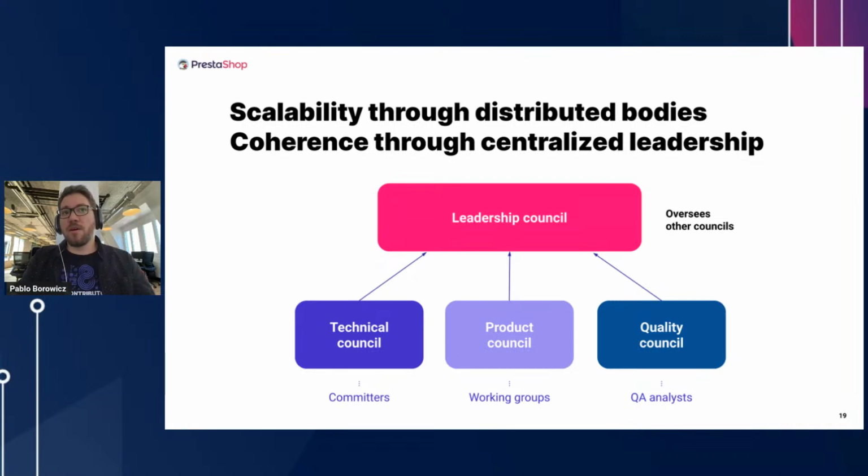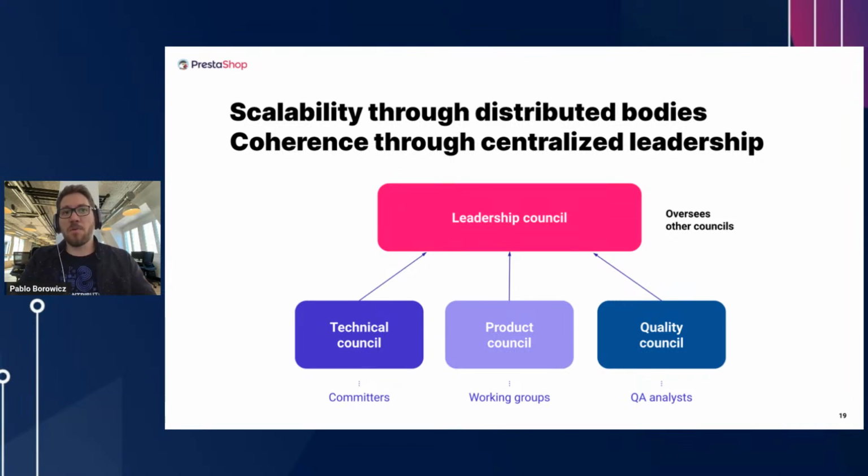The leadership council is composed by the leaders from those councils, so there will be an agreement between those leaders in terms of which decisions are made. So this allows us, for example, to avoid the technical council going in a different direction than the product council, for example.